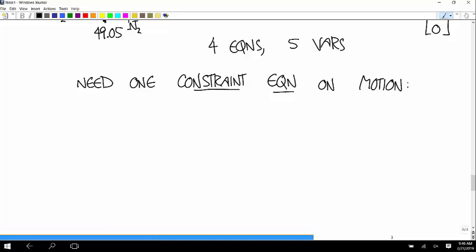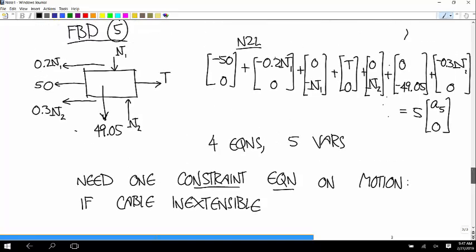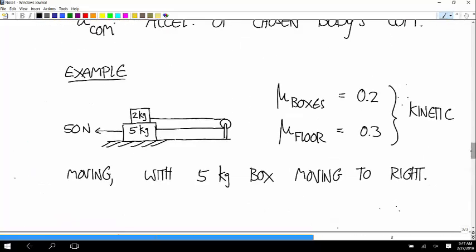So if the cable, not really, I mean, that's a pretty good assumption. Because that cable doesn't stretch, if the cable is inextensible, then think physically about what happens if you move the 2 kilogram box an inch this way.